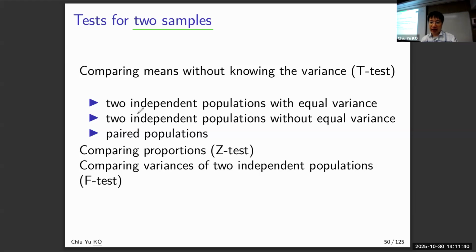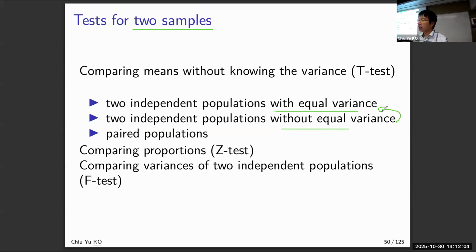And you see there are 3 different cases. The first case is assumption of equal variance. The second case is without, okay? And of course, you will say this is more general than this one, so why bother the first one? Later you will see, because if we know more, our hypothesis testing will be more accurate.